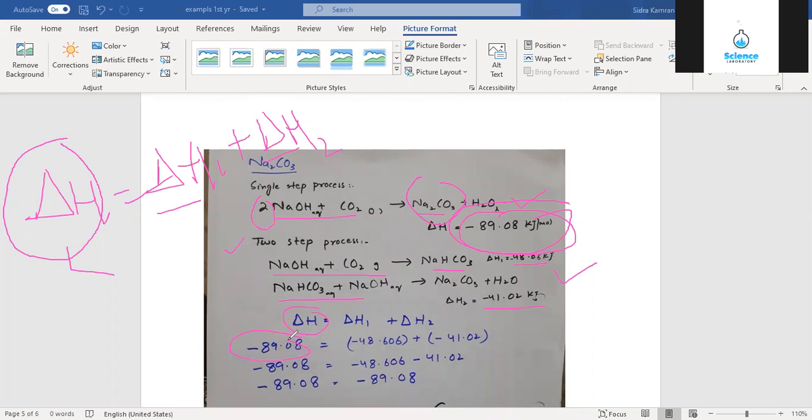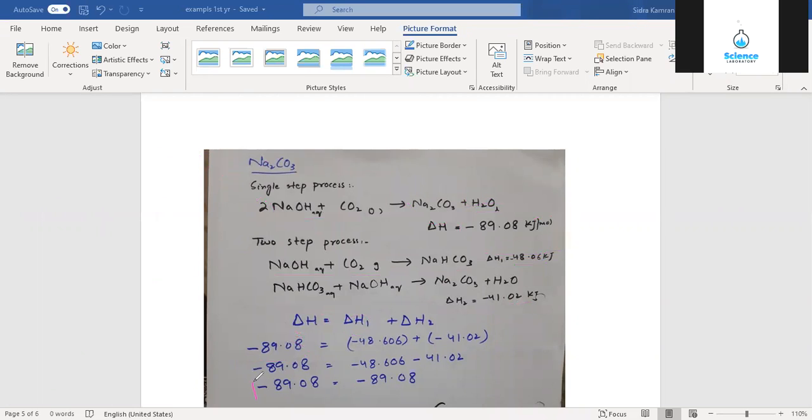When you are forming the same product by 2 steps, delta H1 is minus 48.06 plus delta H2 minus 41.02 kilojoules. Minus and minus are added, and the sign is minus because with the bigger value the sign is minus. You can see here delta H is equal to delta H1 plus delta H2.